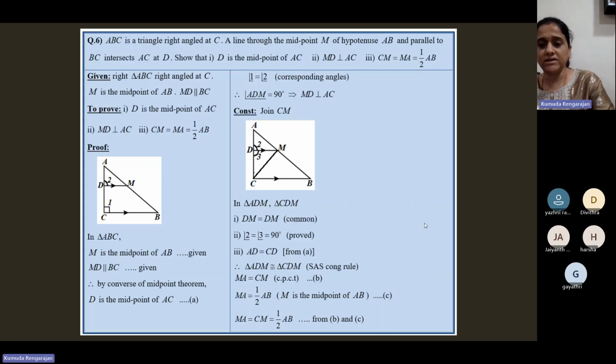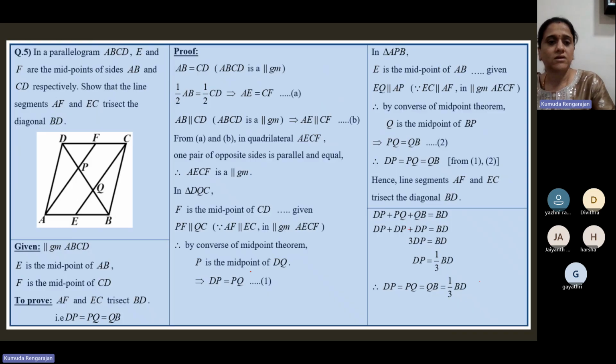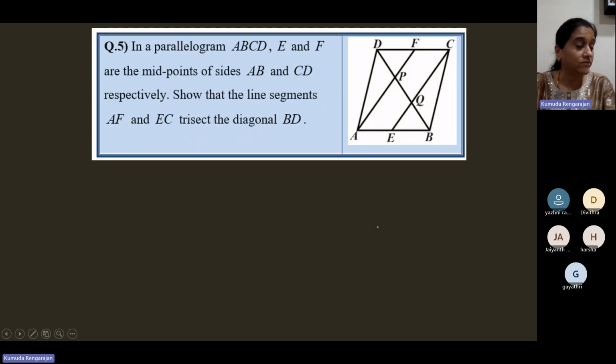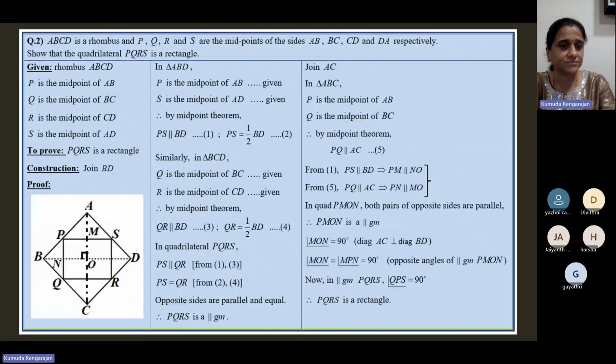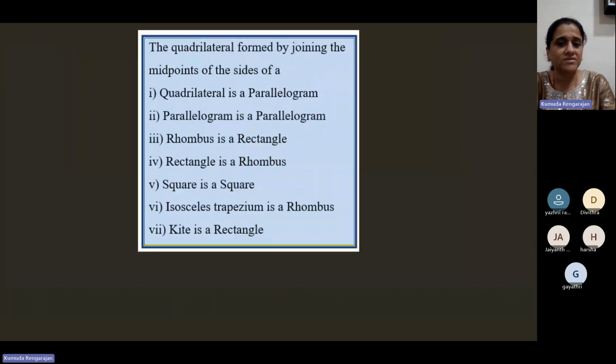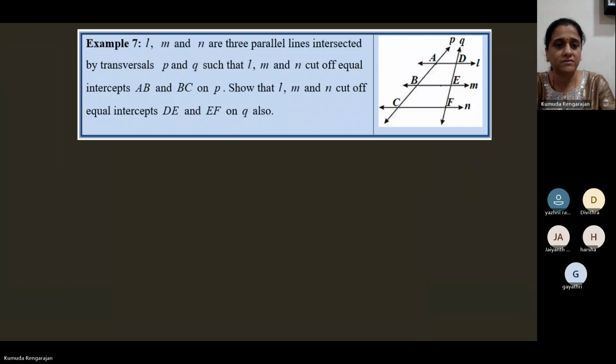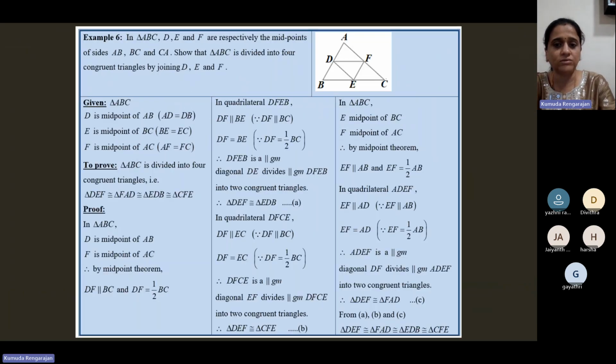Okay, so when we started this exercise 8.2, we did not do the examples before 8.2. Remember? I said we'll do the examples later. So we'll do the examples now.